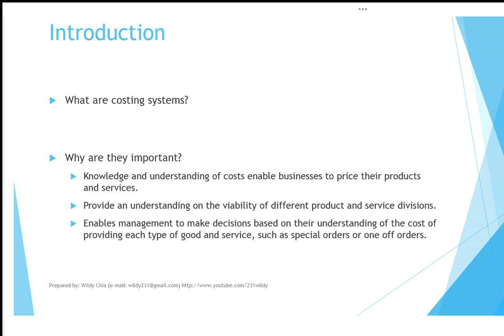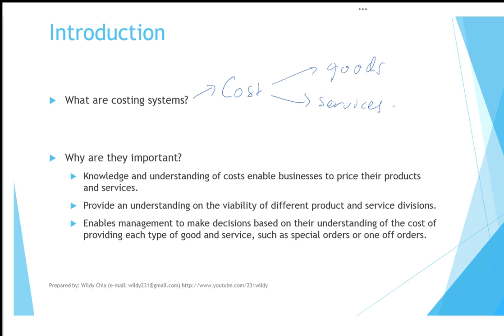So what are costing systems? Well, there are many ways to define costing systems. You can say that these are methods, but in general these methods, whatever they are, help to determine the cost of producing goods and services. Now why is it so important to determine cost?